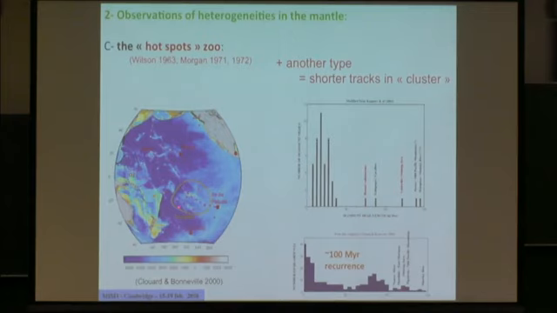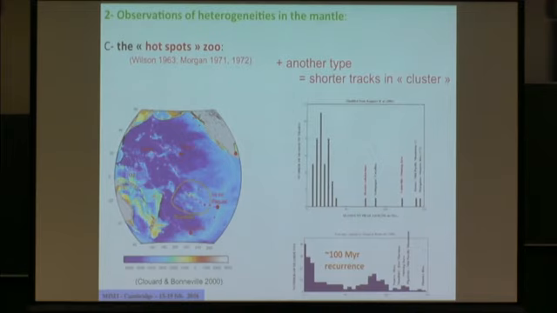And this place is really interesting because if you look in the Pacific, you have exactly the same kind of province with a cluster of short tracks here, the Darwin Rise. And if you look at the age of the Darwin Rise, it's this cluster here.